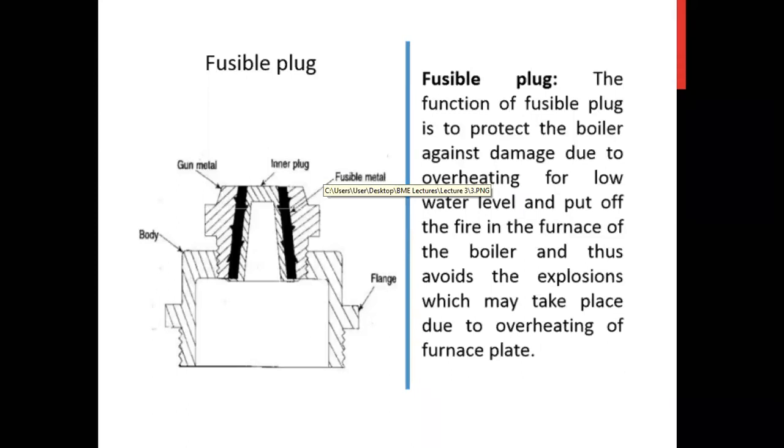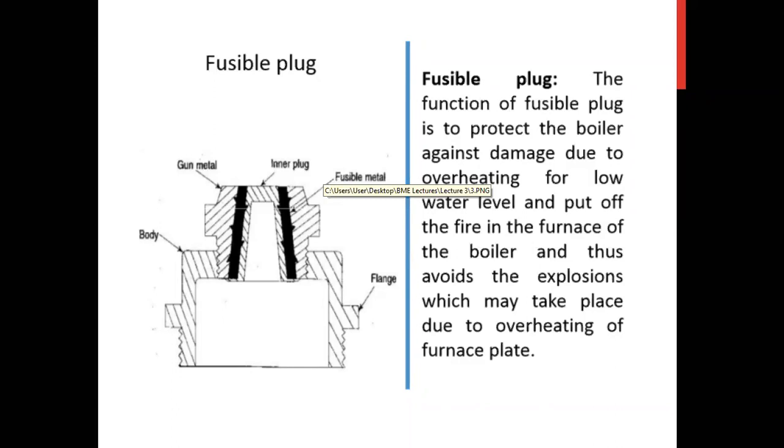So at that time this fusible plug takes some action to make the water level high. It can give a signal to the pump, so that it automatically pumps and refills the boiler, and the overheating issue is gone.